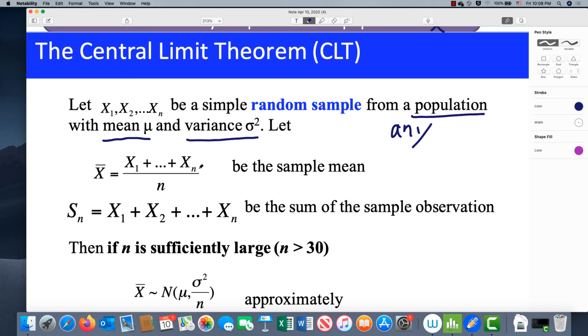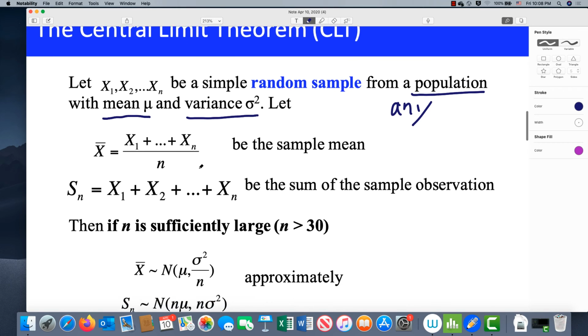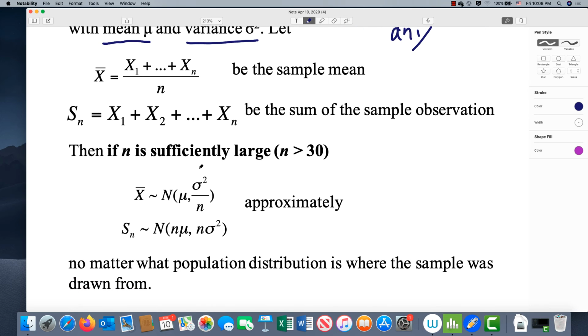If the sample size is large enough, in most cases greater than 30, the sample mean will be approximately normally distributed. The mean of the sample mean will be equal to the mean of the population, which is mu.